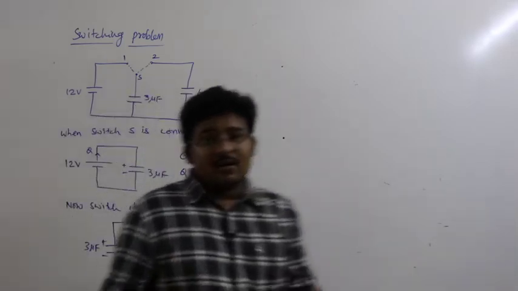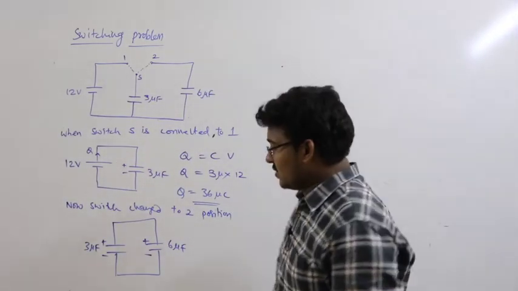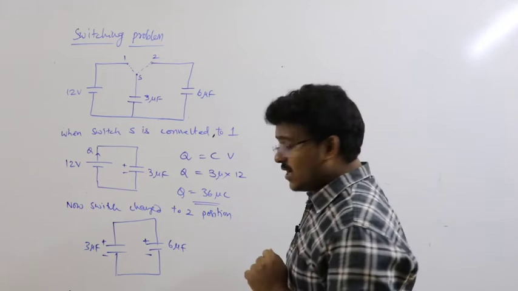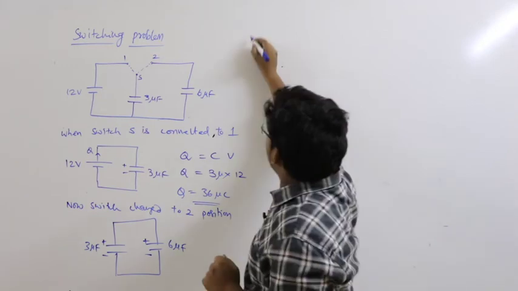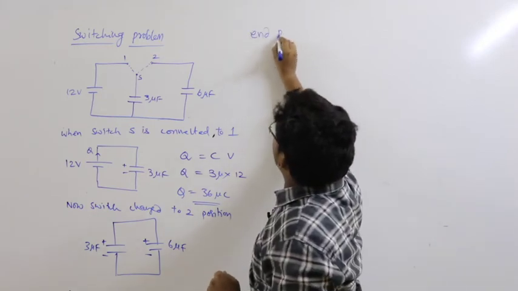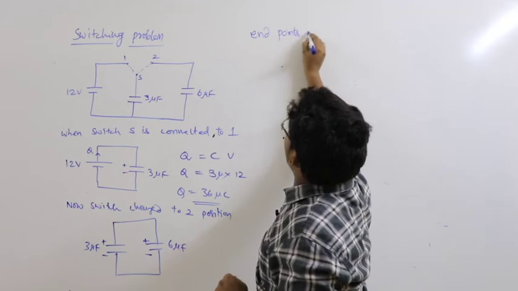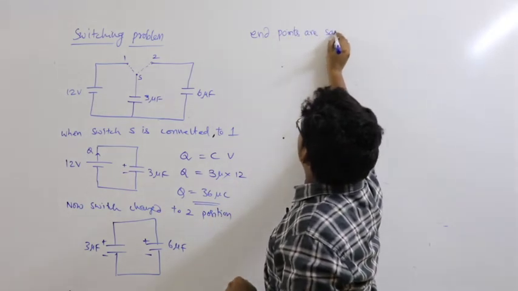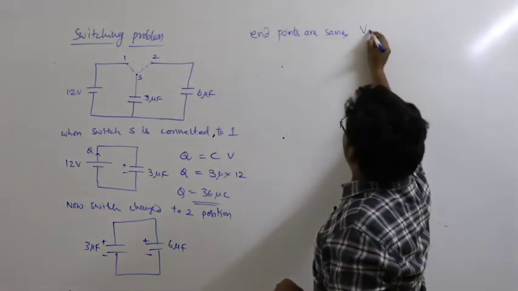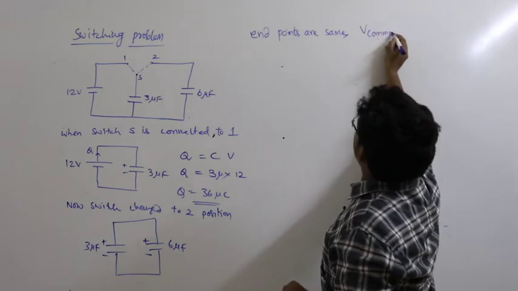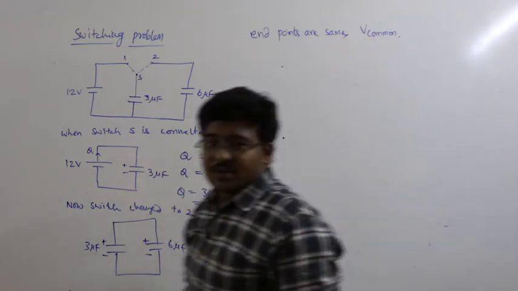So can I say they are under the common potential method? Because endpoints are the same, V common we need to find first by the common potential method.